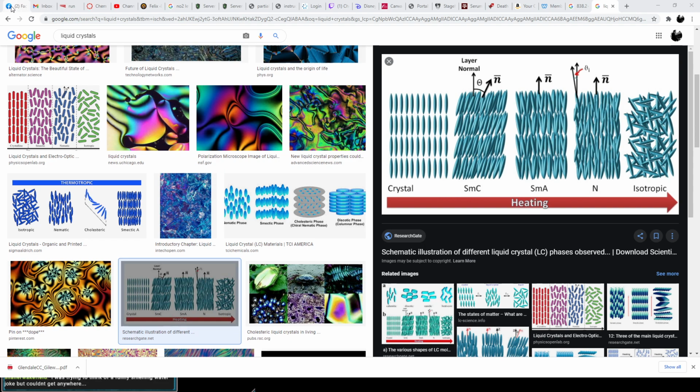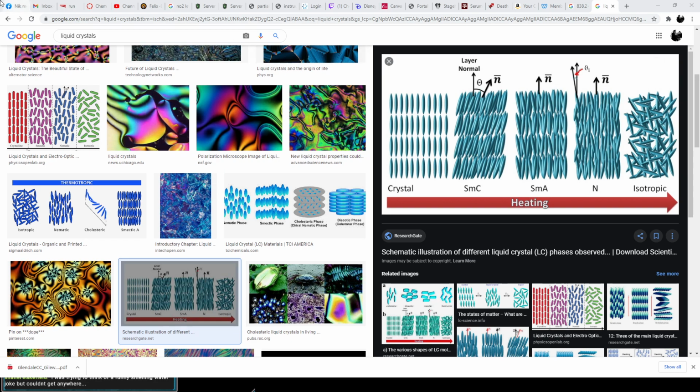These are typically rod-shaped molecules, which are pretty interesting. They will cluster together in little particles. So they're not quite liquids and they're not quite solids. They're kind of clustered together, but they're kind of not.